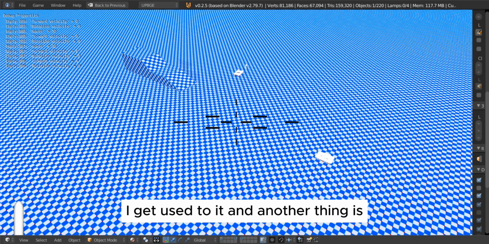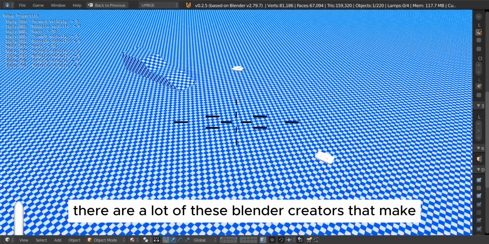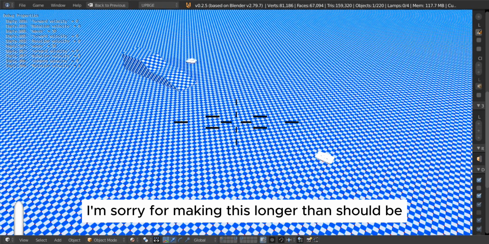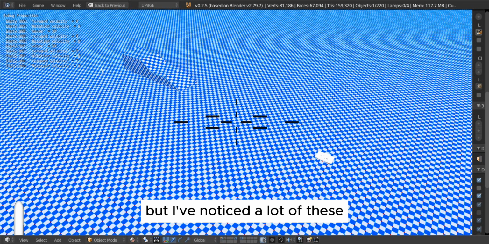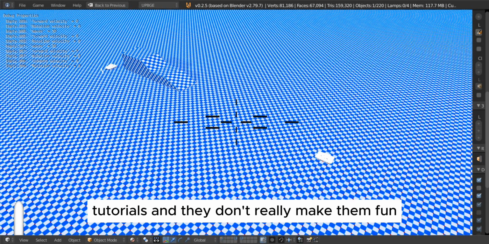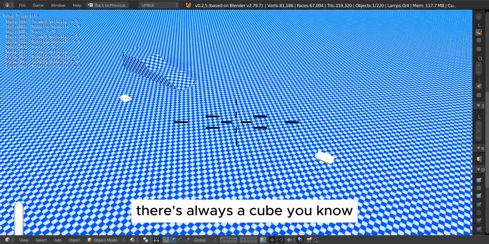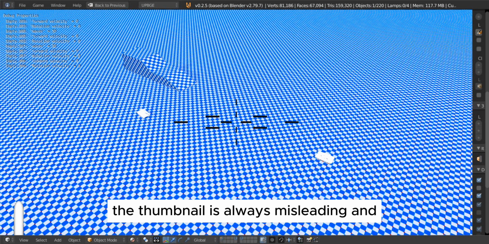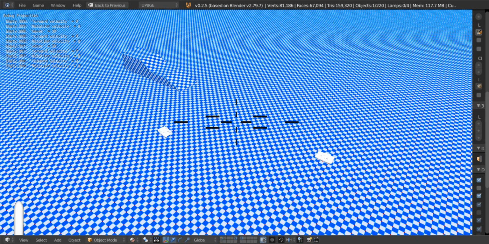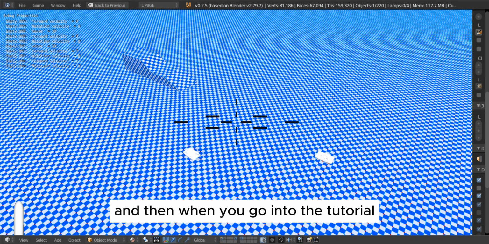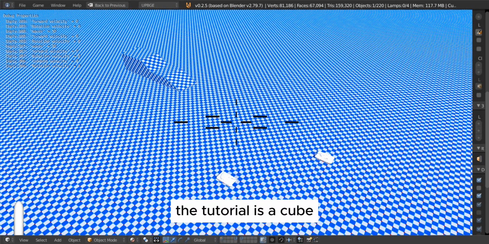And another thing is, I've noticed that there are a lot of these Blender creators that make these tutorials, and they don't really make them fun. I'm sorry for making this longer than it should be. It's all you see is a cube. There's always a cube. You know, the thumbnail is always misleading, and then when you go into the tutorial it's a cube.